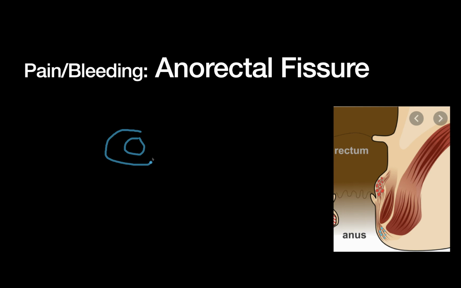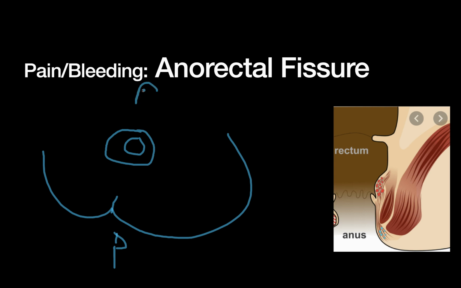Once again, if I draw this looking from below, this is posterior, this is anterior, this is a stylized anorectal sphincter going around the anal canal. Either there's a trauma that causes a tear or there's chronic ischemia from an overly tight sphincter. But whatever happens there, you get a tear in the mucosa.